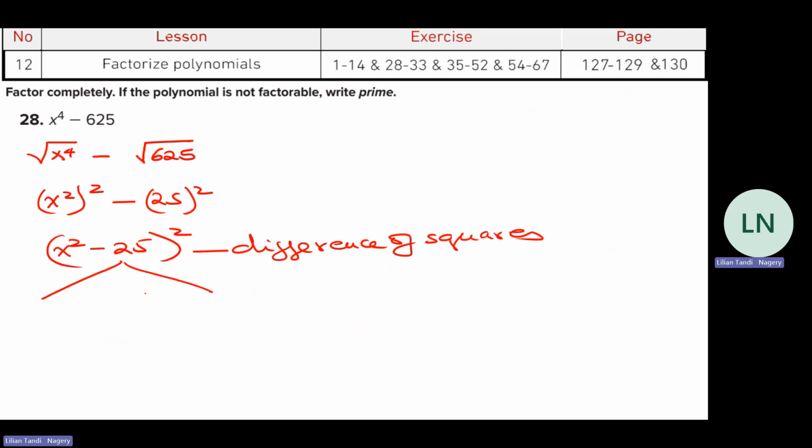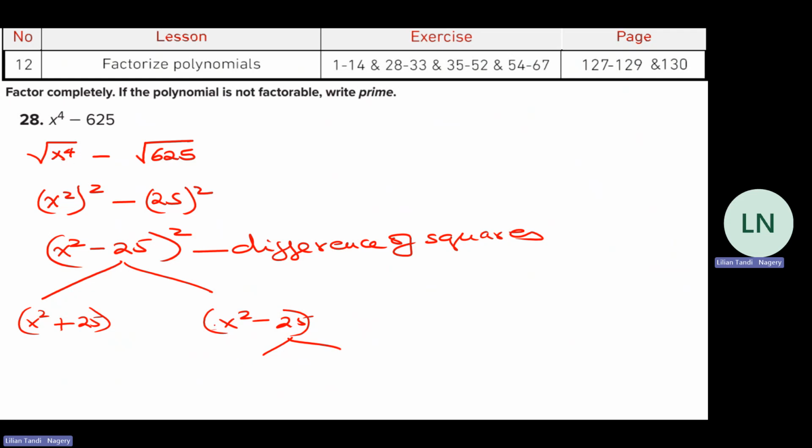What did we say? I'm gonna put this like this. You're gonna put plus, I'm gonna put minus. Okay? So that will be x squared plus 25, and then x squared minus 25. I'm going to break this down also.